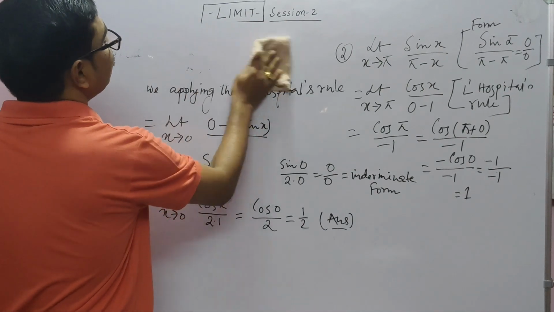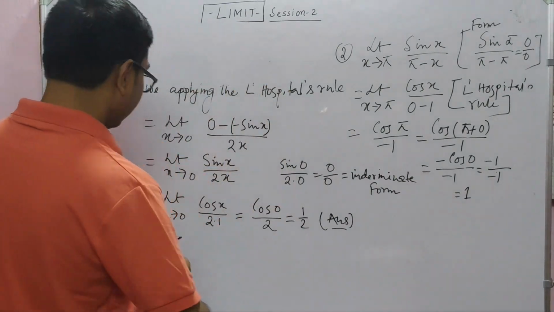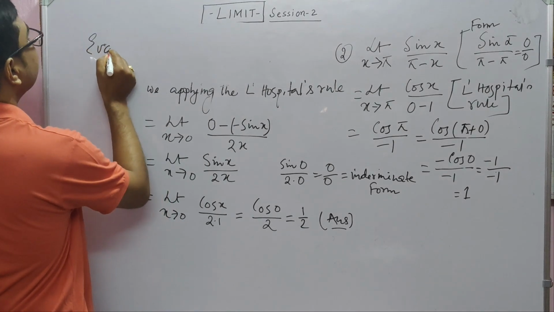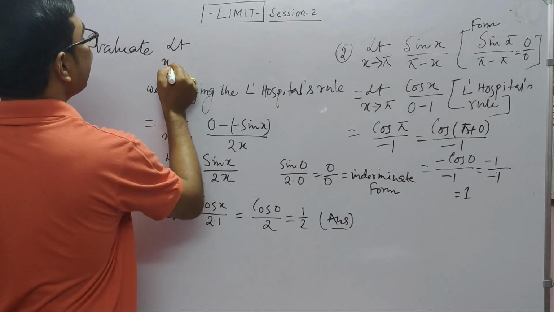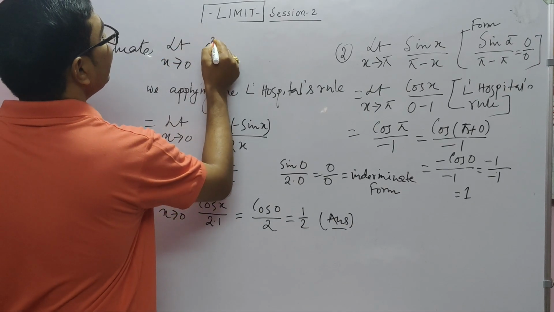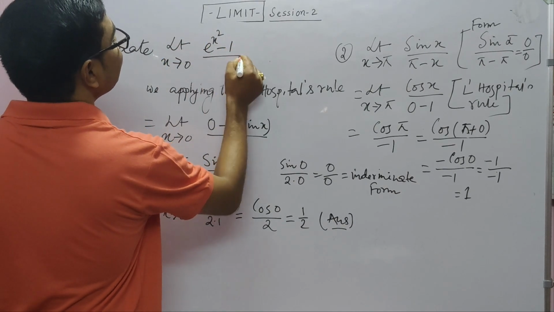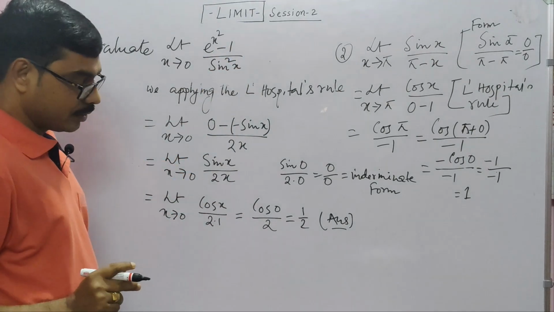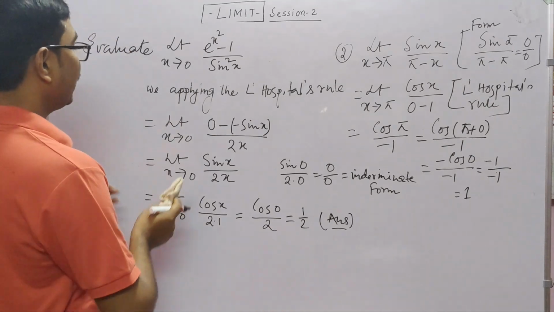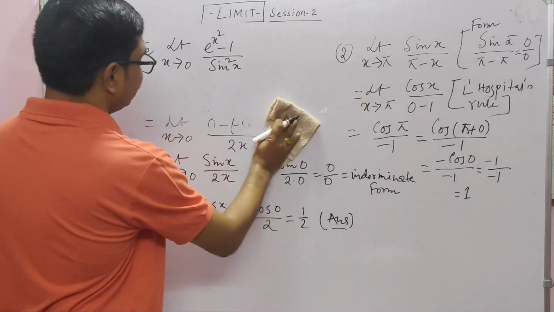Now evaluate this limit: limit x tends to 0, e to the power x square minus 1 by sin square x, using L'Hopital's rule.